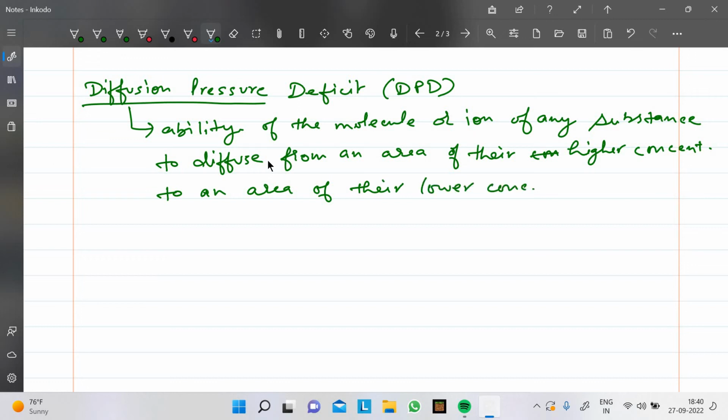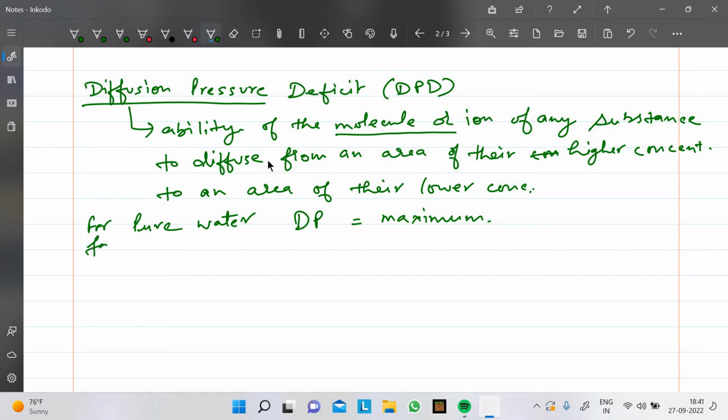Okay, what is diffusion pressure? The ability of the molecules or ions to move from the area of its higher concentration towards the area of their lower concentration. For pure water, it is just parallel to the water potential. For pure water, diffusion pressure is maximum.